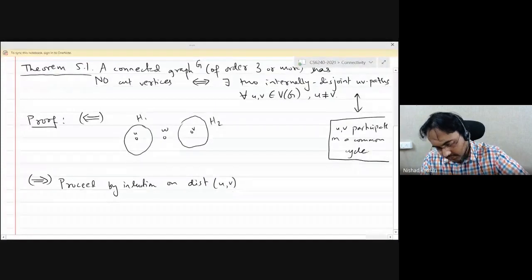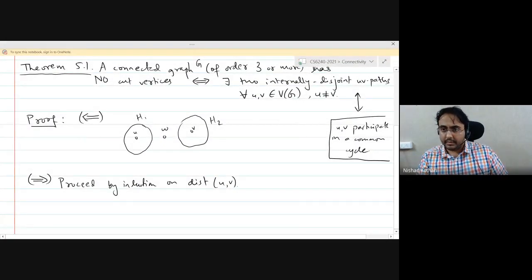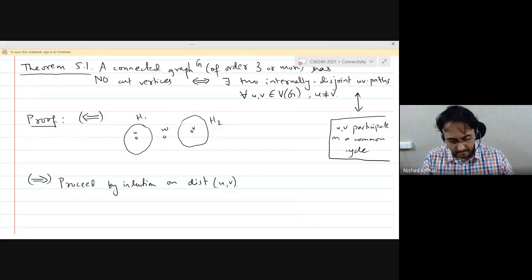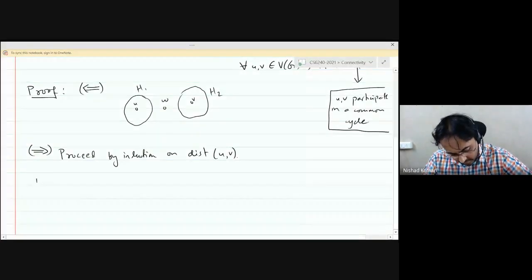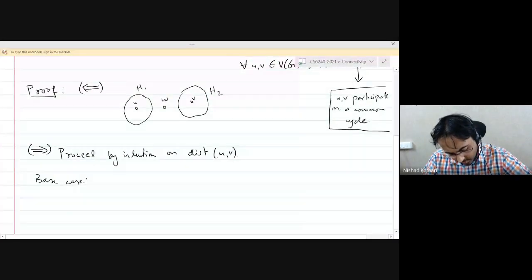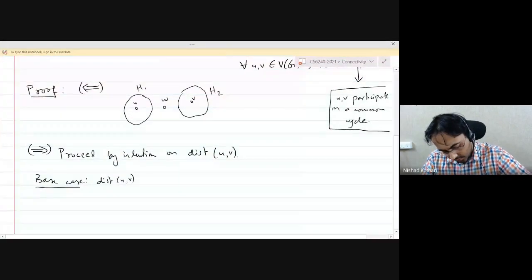The distance is the length of the shortest path between the two vertices, and the path exists because the graph is connected. The base case is when the two vertices are adjacent. The distance between them is equal to 1, which is only possible when the two vertices are connected by an edge.